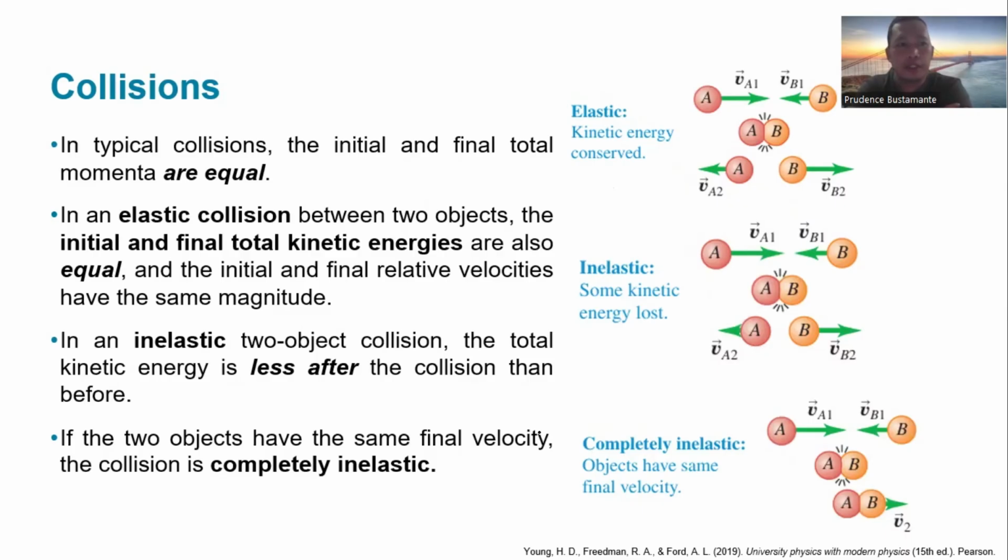There are three types of collisions that we're going to discuss here. The first is the elastic collision between two objects. The initial and the final kinetic energies in this type of collision are equal, and the initial and the final relative velocities have the same magnitude.